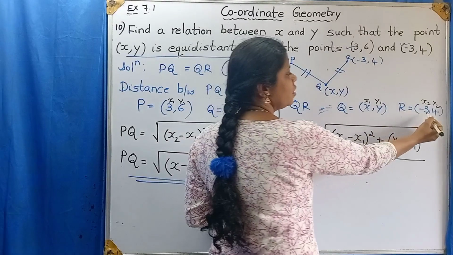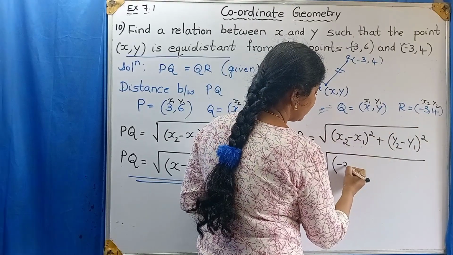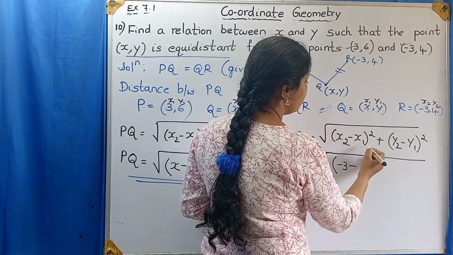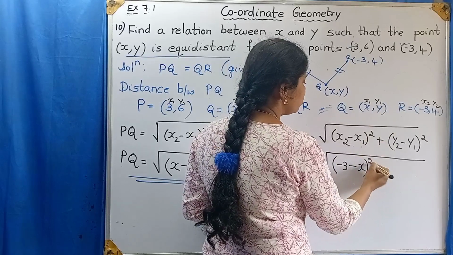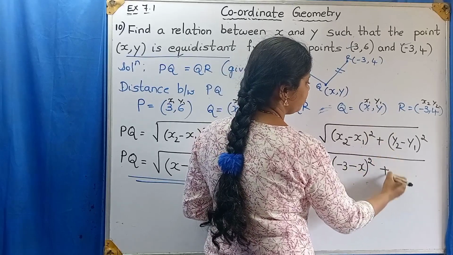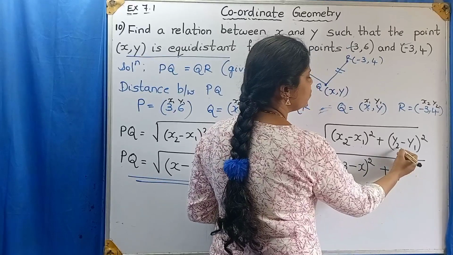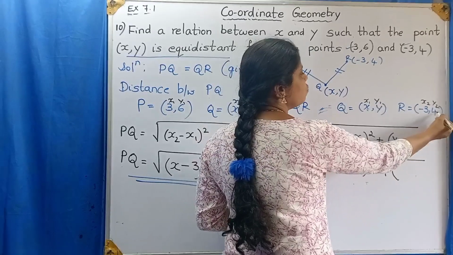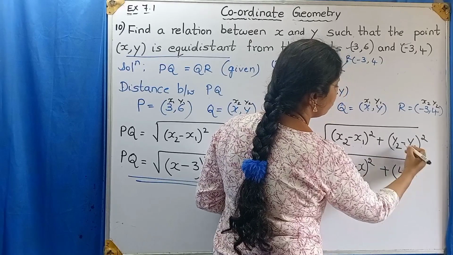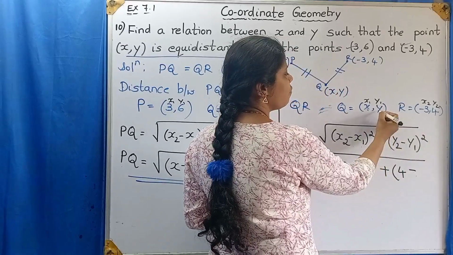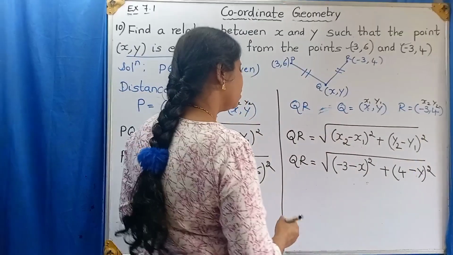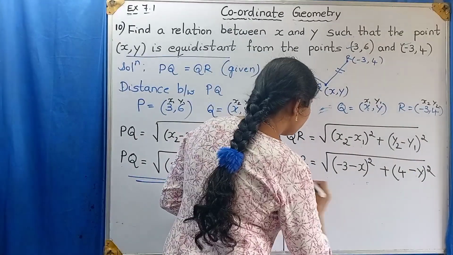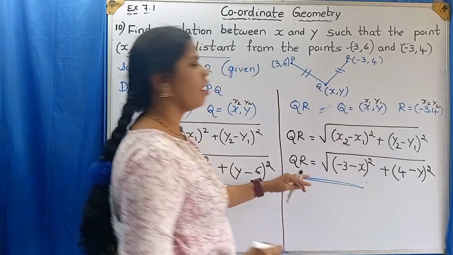The value of x2 is minus 3, minus 3 minus x1. x1 is x, the whole square, plus bracket y2. The value of y2 is 4, 4 minus y1. The value of y1 is y, the whole square. This is the distance between the points Q and R.